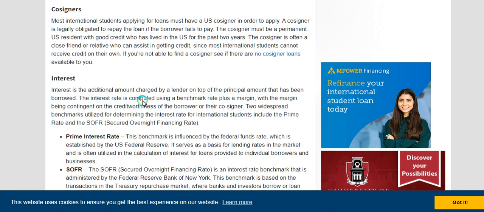The interest rate is computed using a benchmark rate plus a margin, with the margin being contingent on the creditworthiness of the borrower and their cosigner. The benchmarks utilized to determine the interest rate for international students include the prime rate and the Secured Overnight Financing Rate.